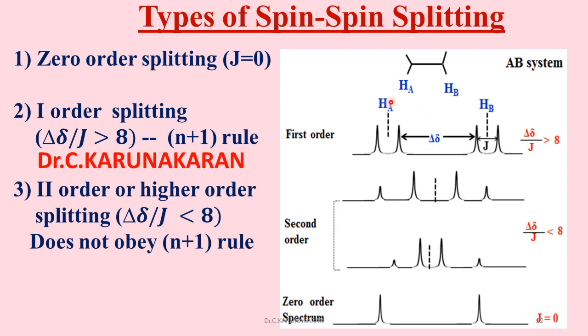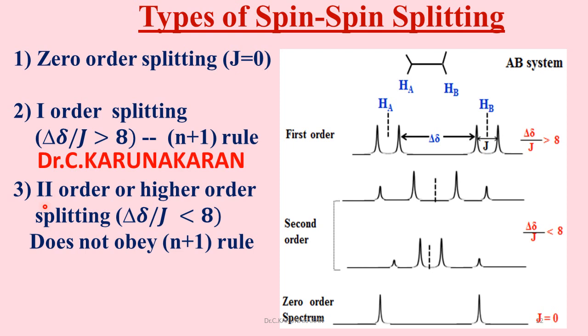The A proton is coupled to the B proton, therefore a doublet signal appears. Similarly, the B proton couples with the A proton, therefore you will get a doublet for the B proton similar to the A proton. In this case, a first order splitting is obtained. It obeys the n plus 1 rule.